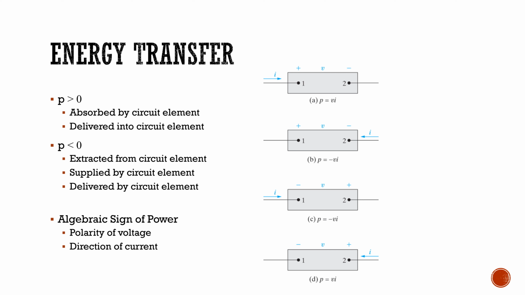Okay, in our first circuit element, charge is entering at the positive terminal of the circuit element, and it experiences a voltage drop and exits through the negative terminal. In this case, power is positive, and is being absorbed by the circuit element.